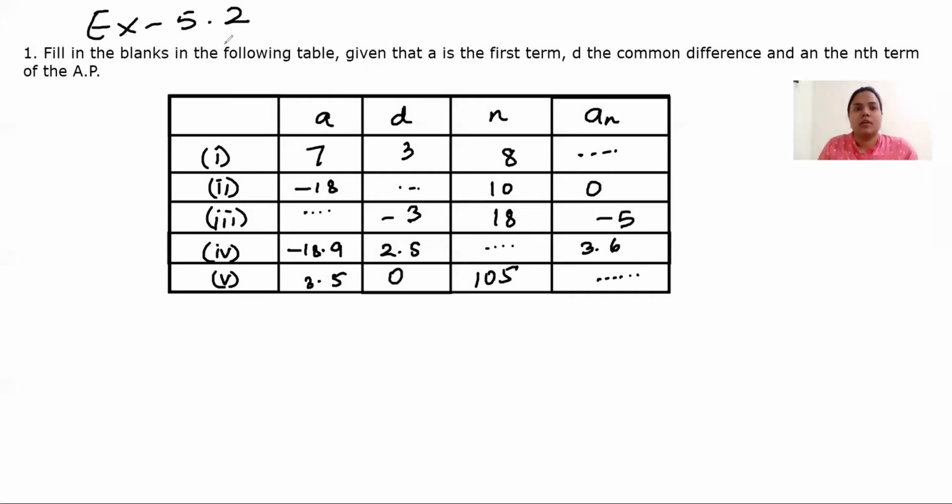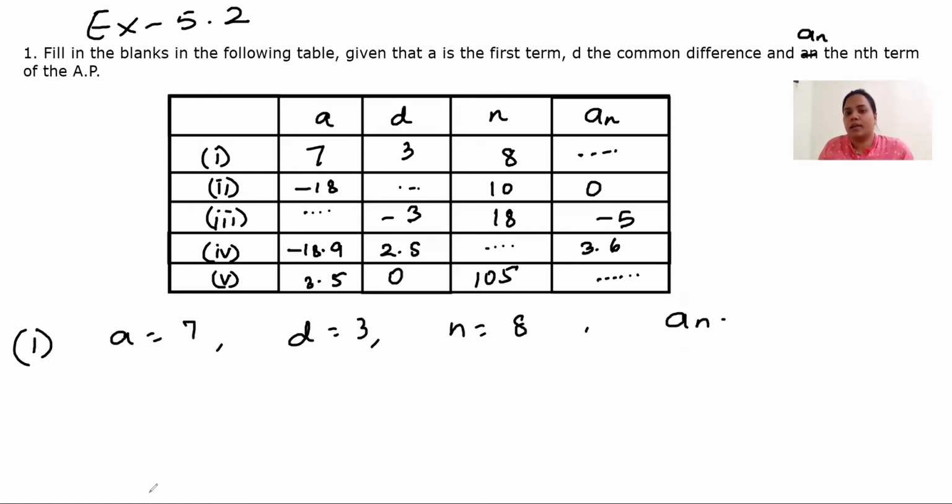In this question, we have to fill the following table, and given that a is the first term, d is the common difference, and an is the nth term of an AP. In the first one, we have a is 7, d as 3, n is 8, and we have to find an.